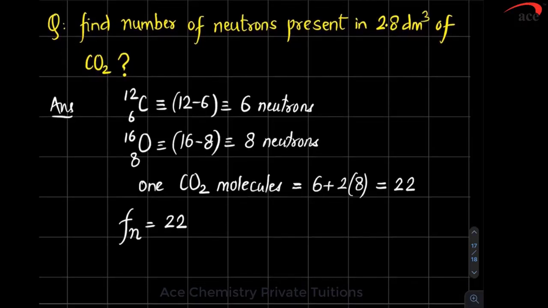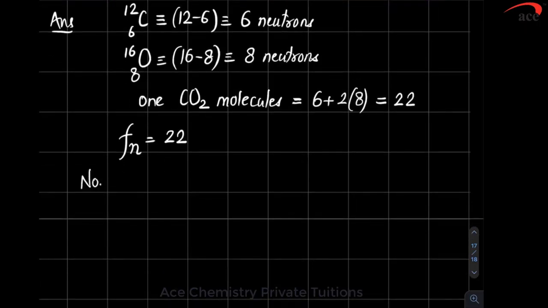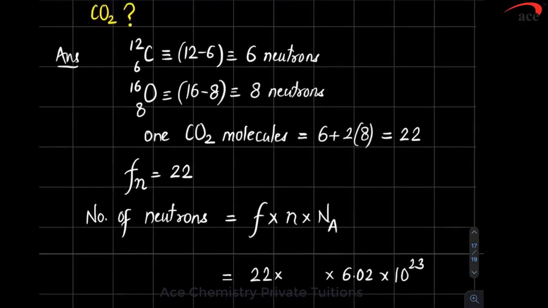Do you remember a formula for calculating number of neutrons? Yes. What is the formula for calculating particles like protons, neutrons and so on? It is factor multiplied by number of moles multiplied by Avogadro number. Factor is 22. Avogadro number is 6.02 into 10 to the power 23. Now the question is how to get moles.